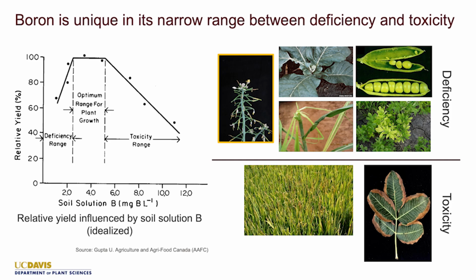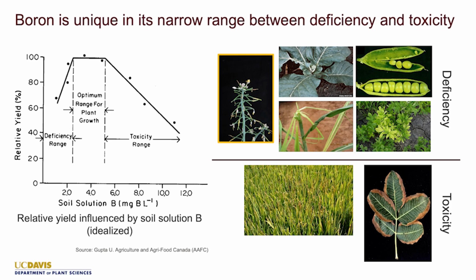And he made the statement at the top of the screen there that boron is unique in the narrow range between deficiency and toxicity. Okay? We need to explain this, but what I'll also do later on is point out how this is only partly true, but it does provide some really valuable lessons on how we should think about managing boron.